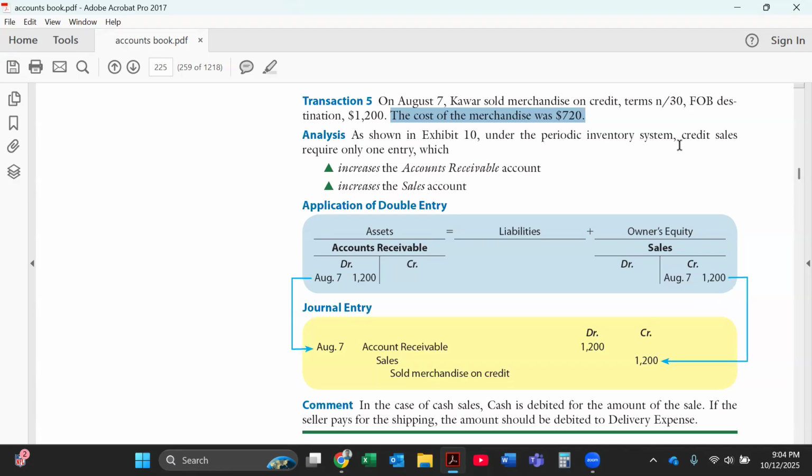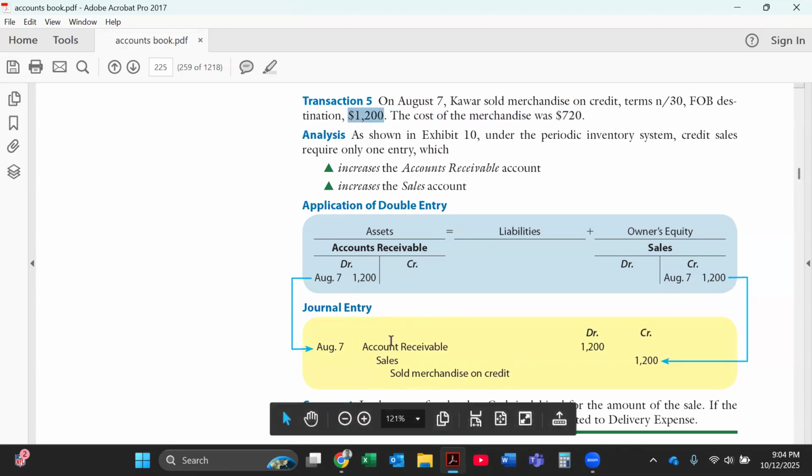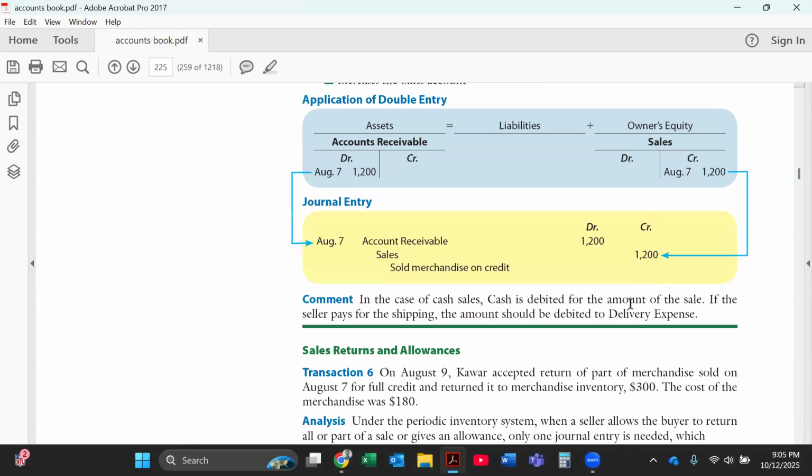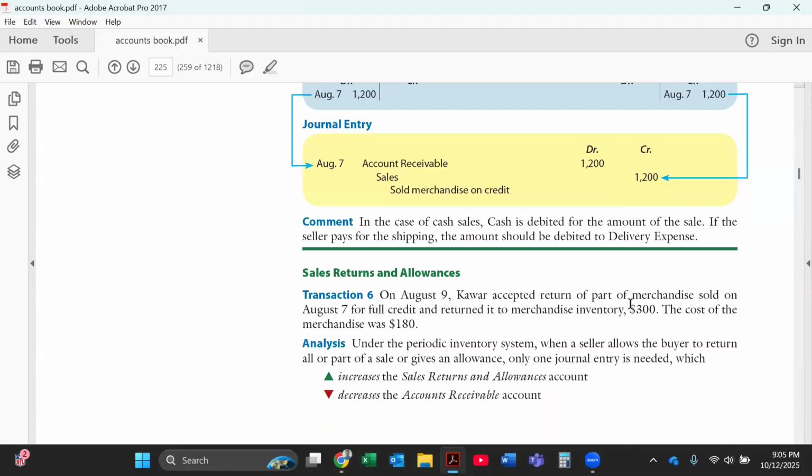I wait until later. And so I'm only concerned with the larger number, which is the 1,200. It's the same as what we did with the 1,200 underneath the perpetual method. I would have debited accounts receivable for 1,200 because it's on credit, and I would credit sales for the $1,200. No second entry is required at all for this periodic method.